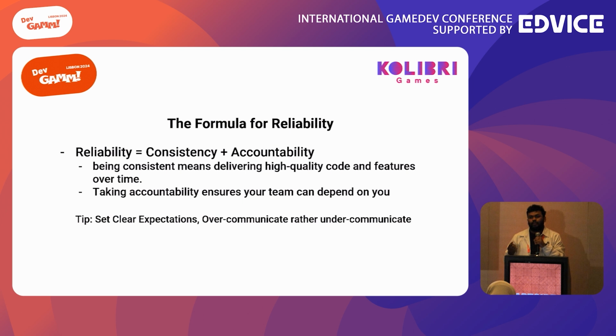Because I think what makes me reliable there was my accountability to that task, that I have to fix it no matter what. And that is the accountability I was talking about, that ensures your team can depend on you. So the tip is to set clear expectations, and over-communicate rather than under-communicate.